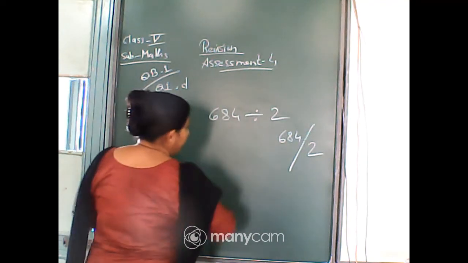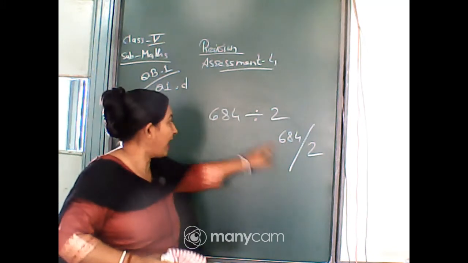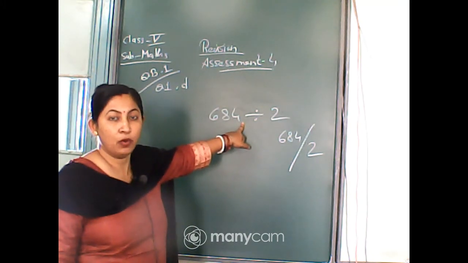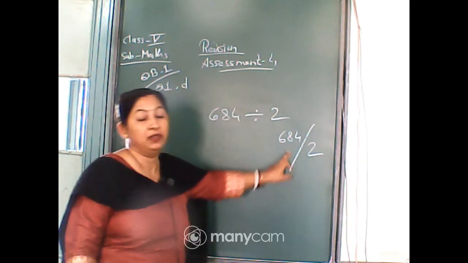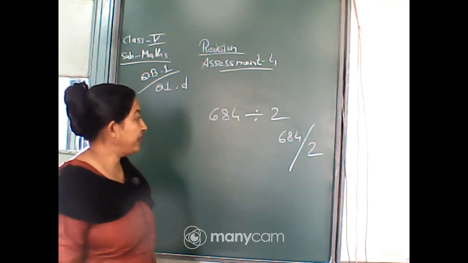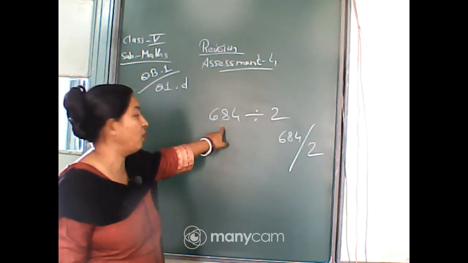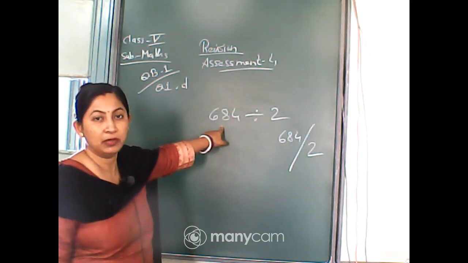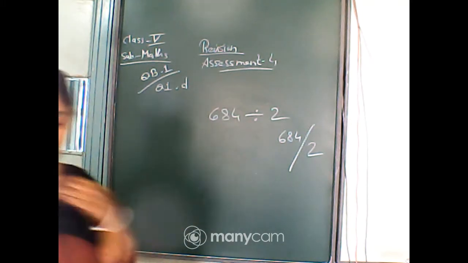Most probably it will be taken as this. But this thing and this thing are both the same. So, do not be confused by this type of symbol. 684 by 2 is also the same as 684 divided by 2. Clear? It can come in the exam.